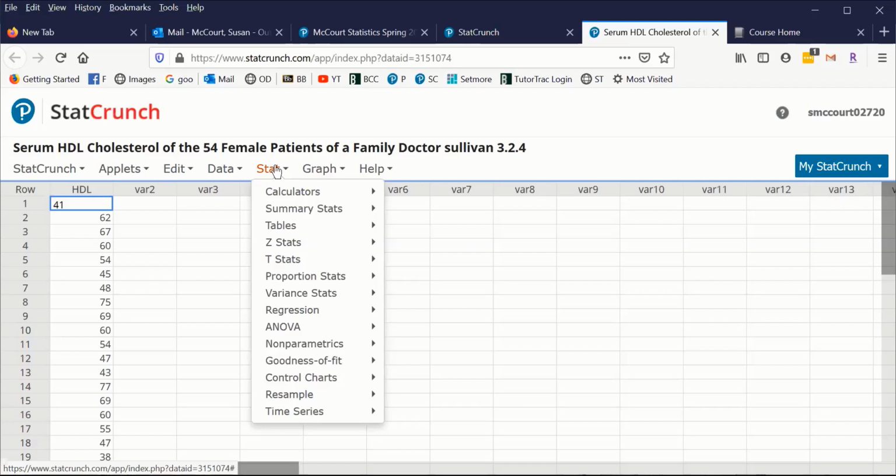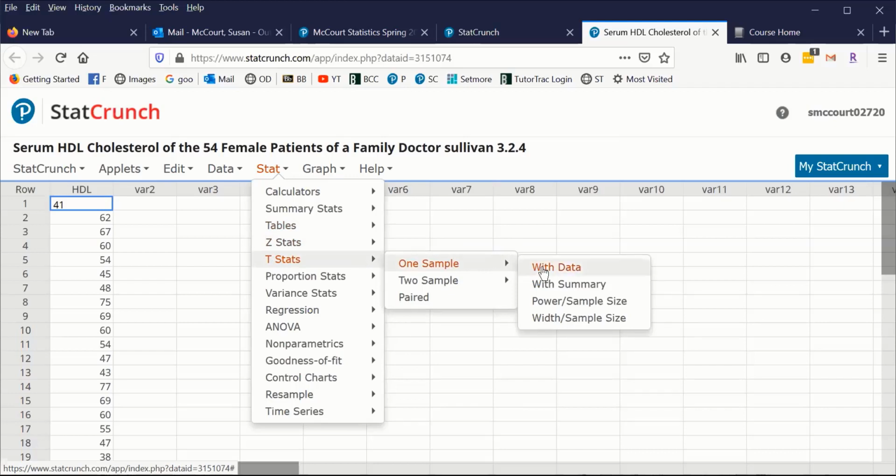Random sample, population normal, or sample size. Let's see. So we're trying to find the confidence interval for the mean. Go all the way to the right column and it tells you what to do in StatCrunch. Stat, T-stat, 1 sample with summary. But we're going to use data in this case because we have data. But everybody see that? So it's always T-stats except when you need to find the sample size. Okay, T-stat.